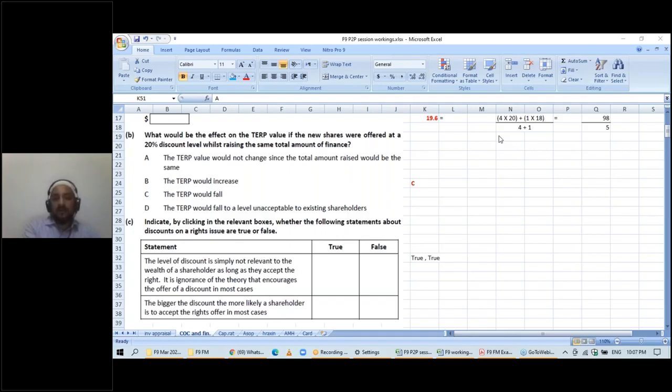So remember, Advait, that if the theoretical exercise price falls, it doesn't matter to the existing shareholders, because they are not losing any sort of wealth. On one side, the existing shares' value will decline, but on the other side they gain by buying shares cheaper. So as said earlier, they won't be losing any wealth whatever the price.